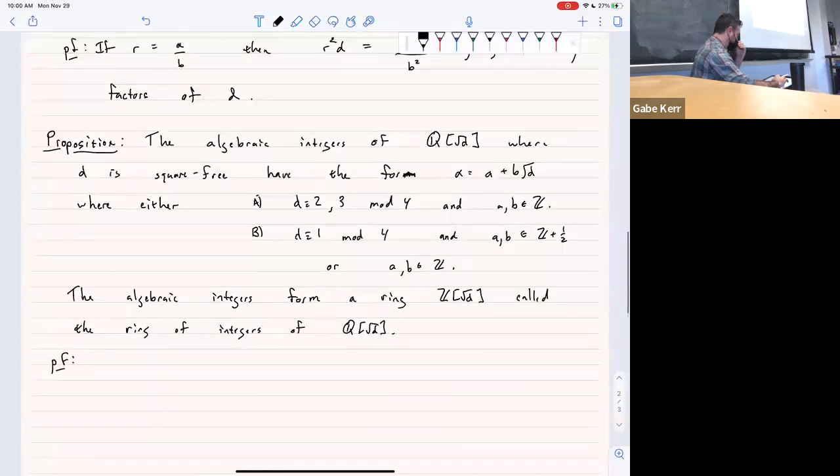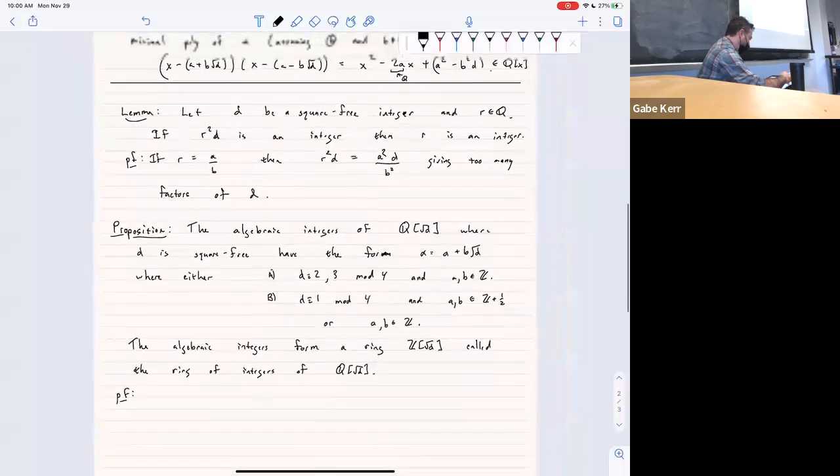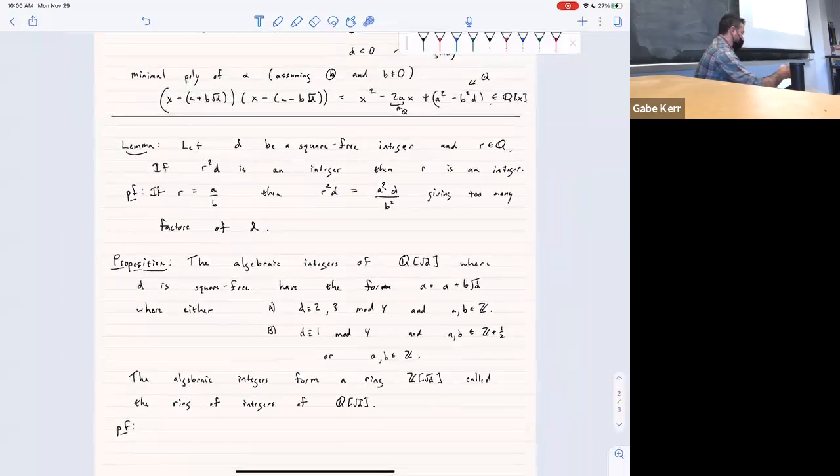One thing we know is that in order for us to have an algebraic integer, the coefficients of the minimal polynomial of alpha must be integers. That's the definition.